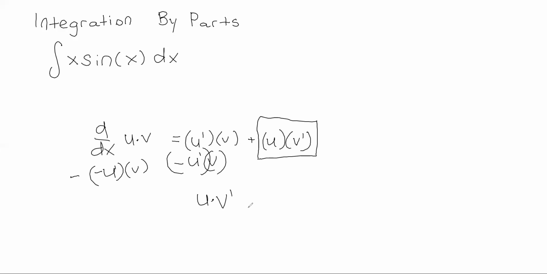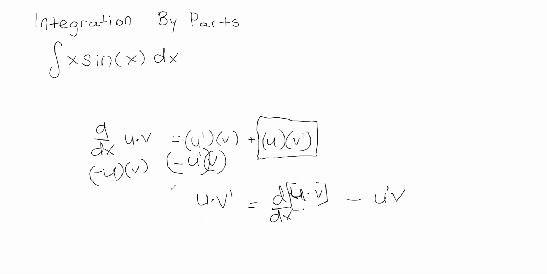We end up with the derivative of u times v minus u prime times v. I don't know why I put the minus there twice. That isn't really necessary. So this is what we're left with.